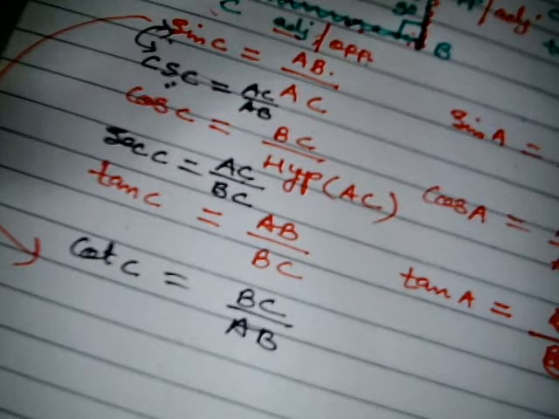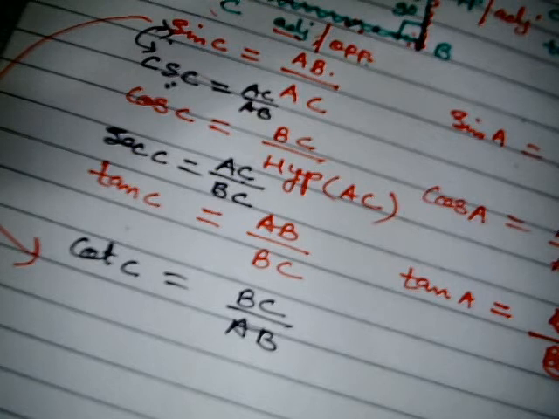I would suggest you learn the first three: sine, cos and tan. Sine is opposite upon hypotenuse, cos is adjacent upon hypotenuse, and tan is opposite upon adjacent. These three you need to learn, and the remaining is just the reverse, because sine is related with cosec, cos is related with sec, and tan is related with cot.